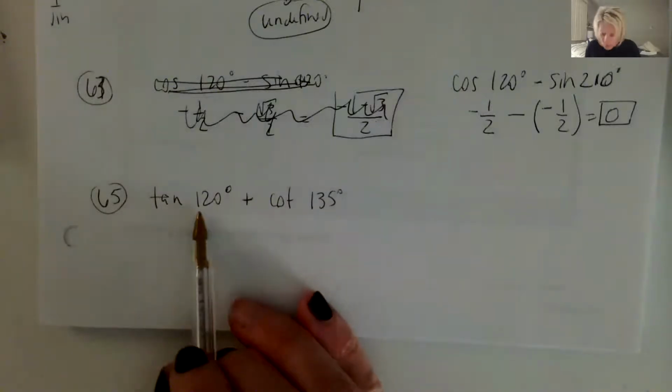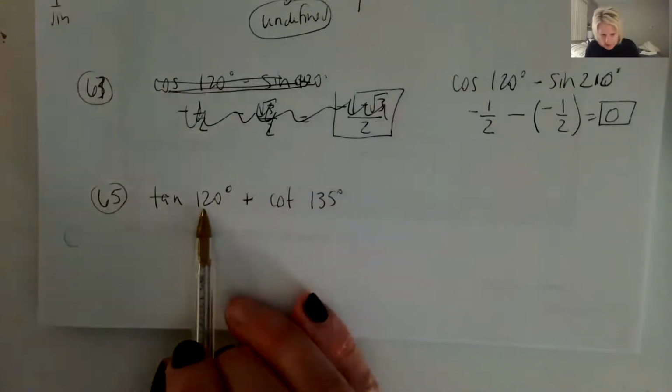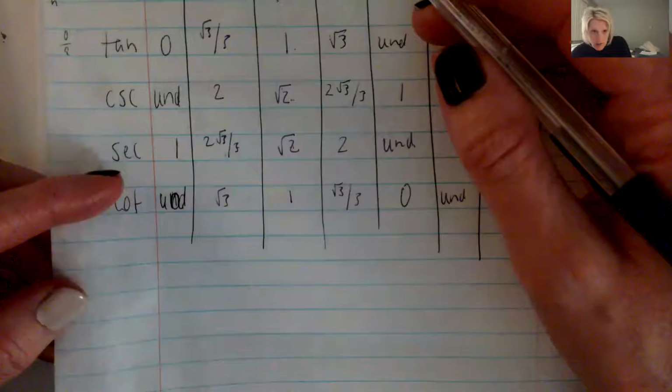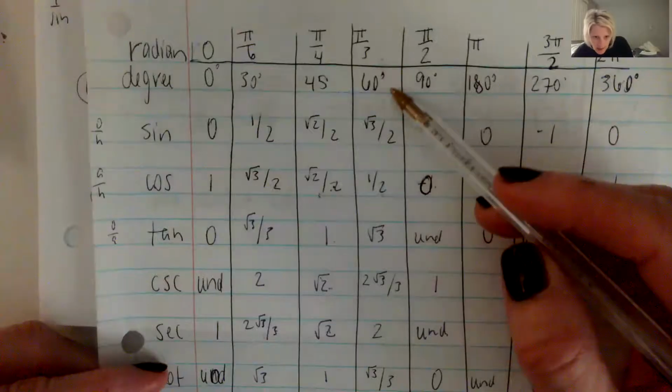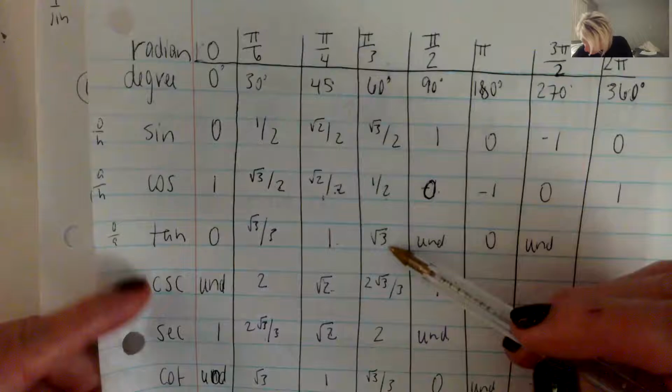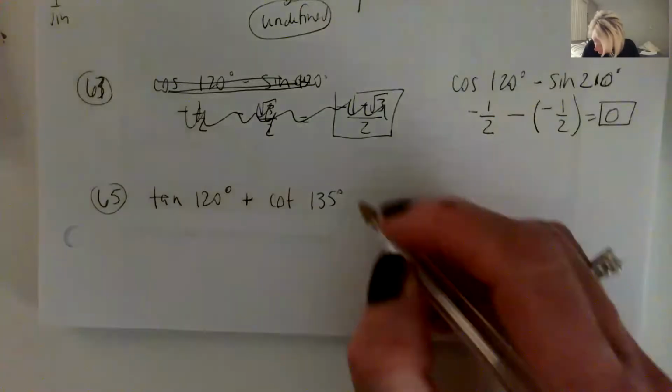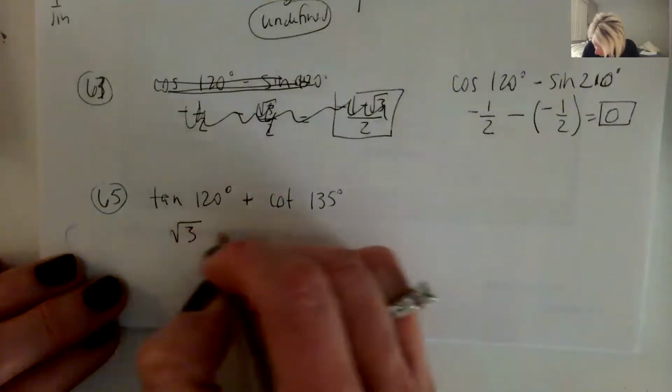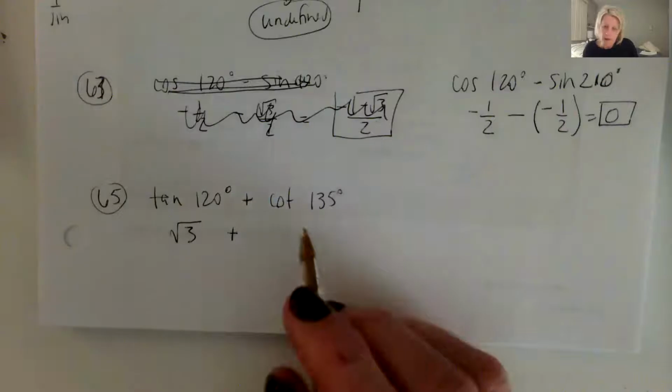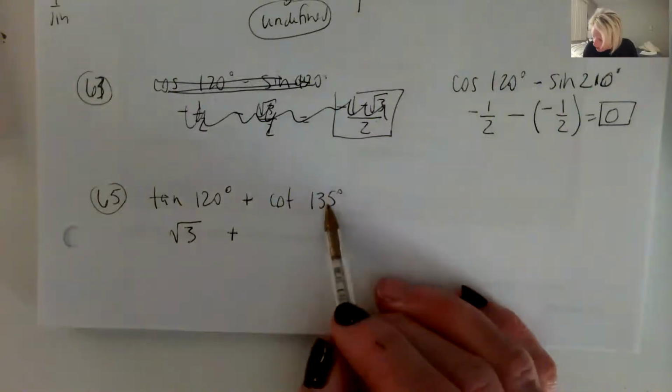So tangent of 120 has a reference angle of 60. Tangent at 60 is the square root of 3. So the square root of 3 plus the cotangent of 135.